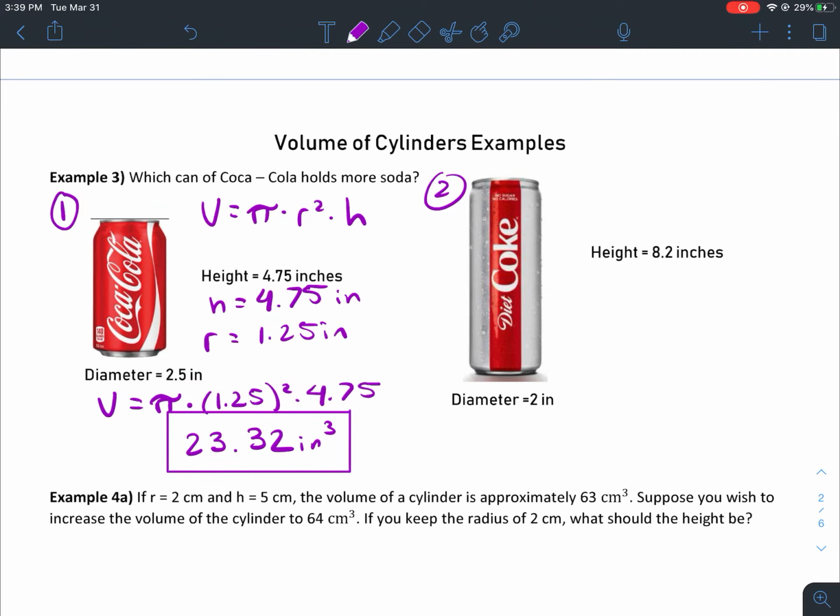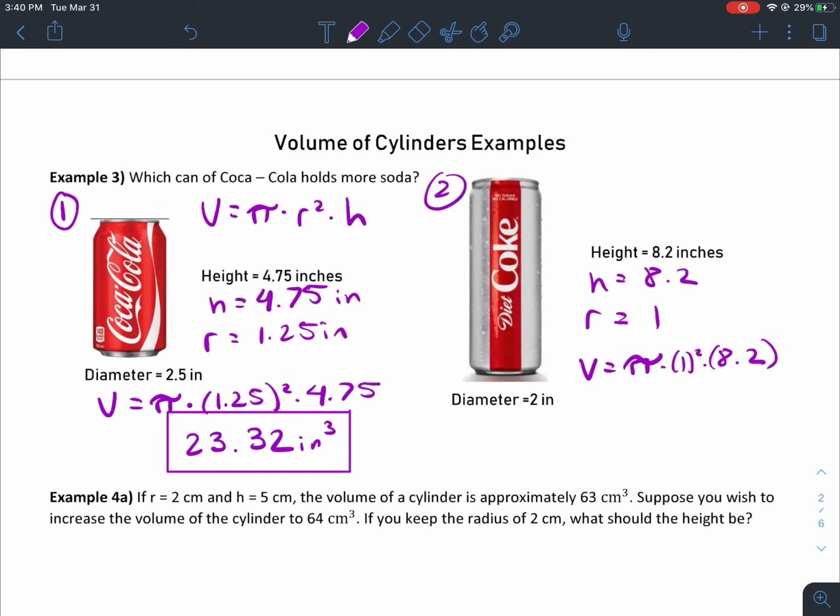Now let's go ahead and calculate the volume for the Diet can of Coke. Again, they gave us our height, which was nice and easy. Our height is 8.2. Again, they gave us the diameter. We need to go in and find the radius. Our radius is going to be 1. We plug it into the formula, which is pi times our radius squared times 8.2.